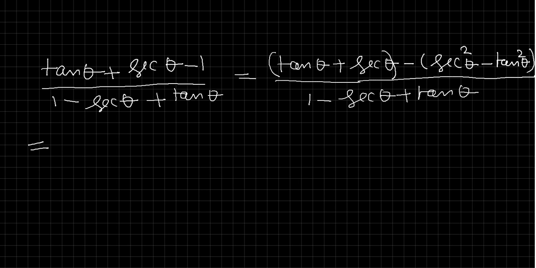The secant square theta minus tan square theta is of the form a square minus b square, and a square minus b square we can write as (a plus b) into (a minus b).